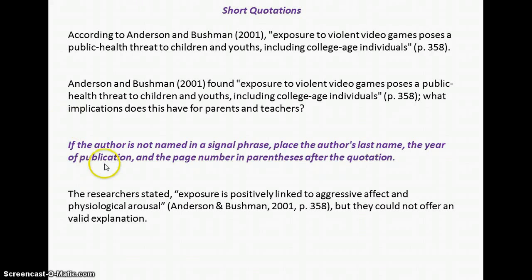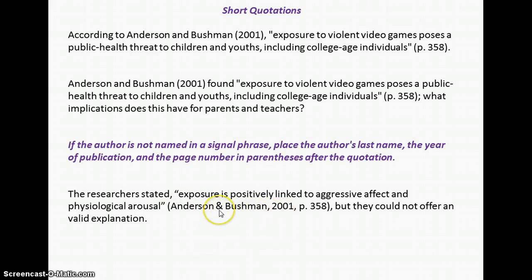So if you don't use a signal phrase, as I have right here, then that would mean that you'd have to put the information at the end. So I would just start out here. The research is stated, exposure is positively linked to aggressive effect and physiological arousal. Again, close the quotation, space, parentheses, Anderson and Bushman.